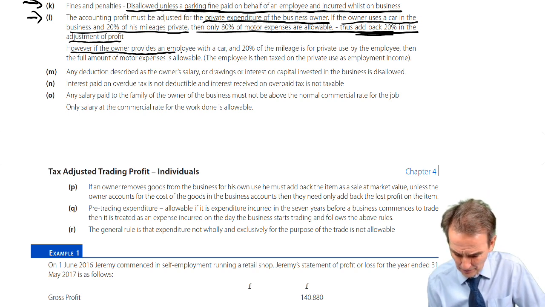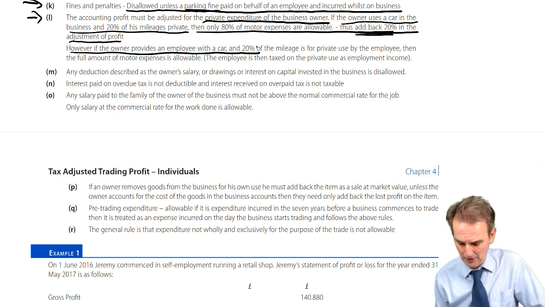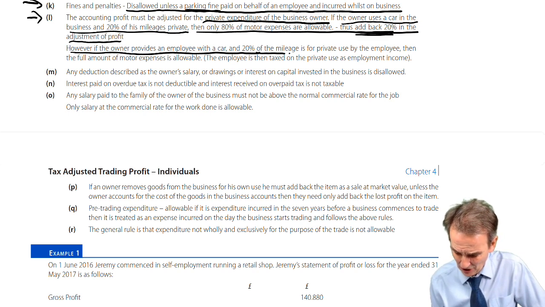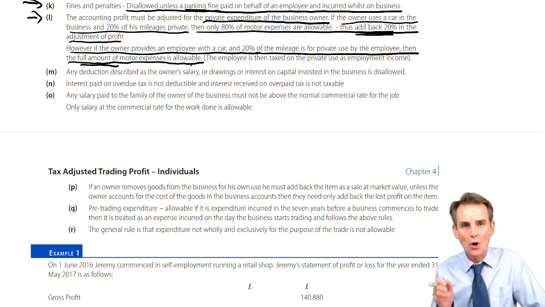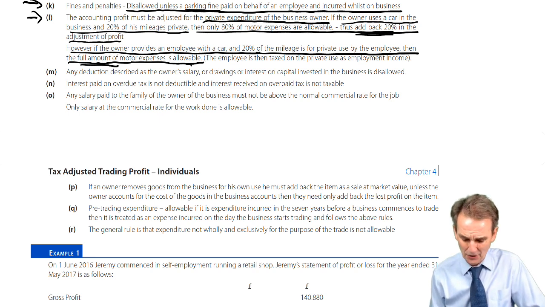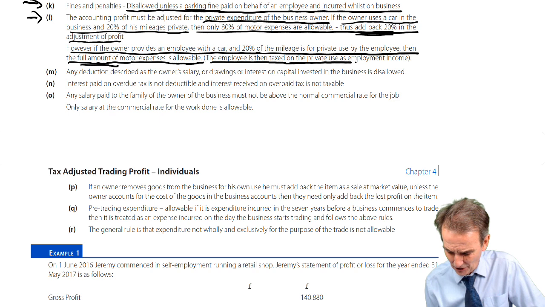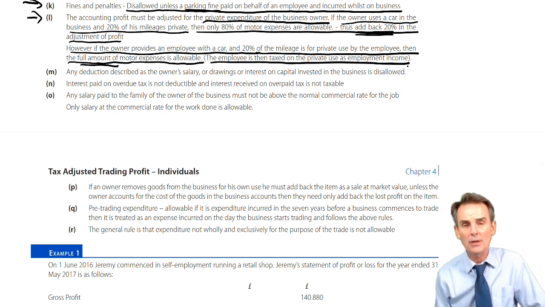If the owner, however, provides an employee with a car, like a salesperson, and 20% of that mileage was for private use by the employee, then the full amount of motor expense is allowable. No add back, no disallowance. The reason being that the employee is going to be taxed on the private use as employment income.